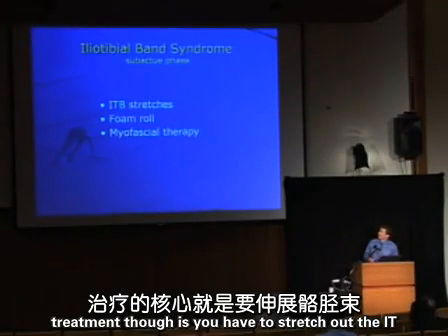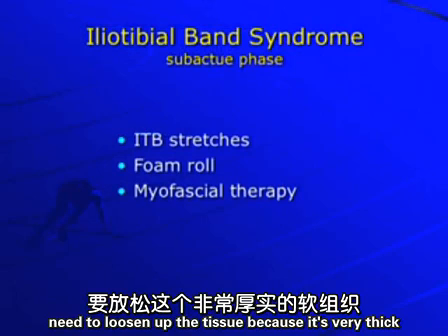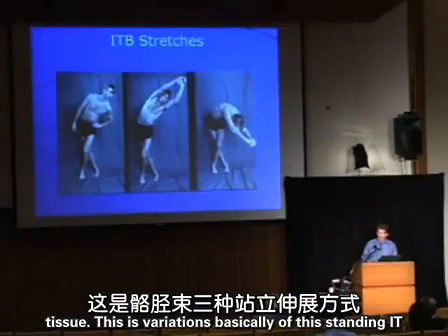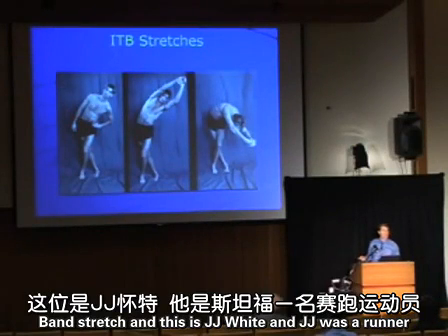The key to the treatment, though, is you have to stretch out the IT band. You want to do something to massage it. You need to loosen up the tissue because it's very thick tissue. So this is a variation, basically, of this standing IT band stretch.